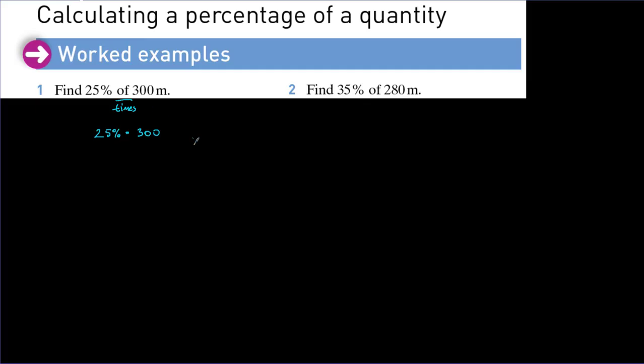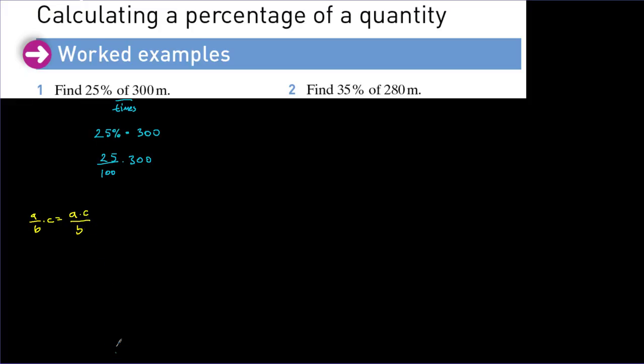Of course, you can convert in a different way, but the easiest way for me is to write 25 over 100, because I know that 25% is 25 over 100 times 300. And you know from the rule, A over B times C, A times C divided by B.